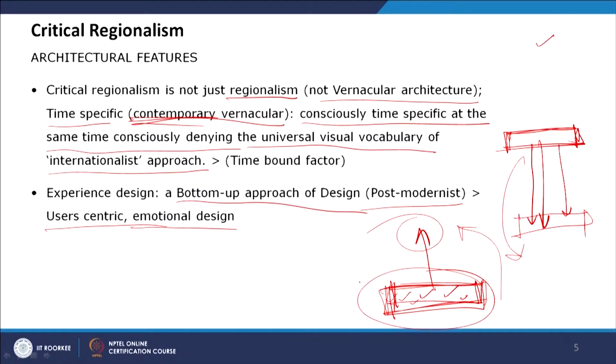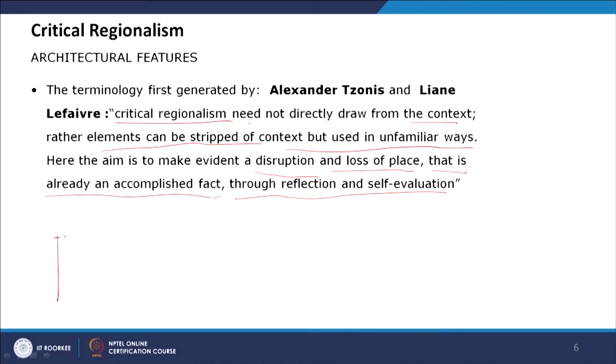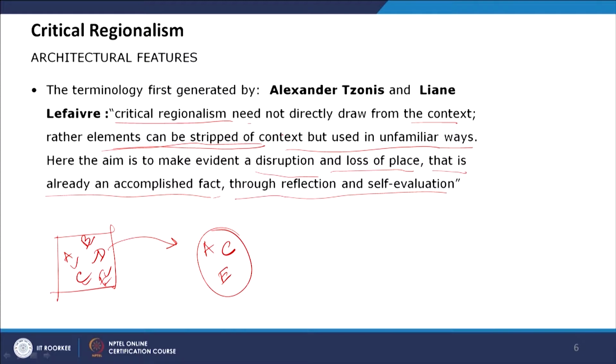So what they are saying is, in this bottom-up approach, they will see the elements from the context. These elements are already there in the context, and they will be collected from there. A few of the elements which are more dominant are collected and sorted, but they won't be directly added. So elements can be stripped of the context, and they can be changed in their own way.